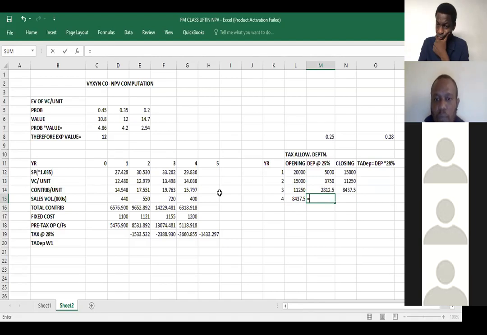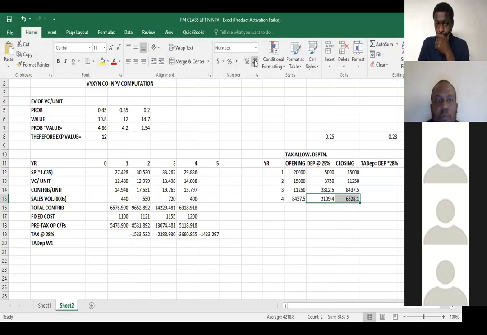And then that is equal to this minus that. But is it wrong to approximate?